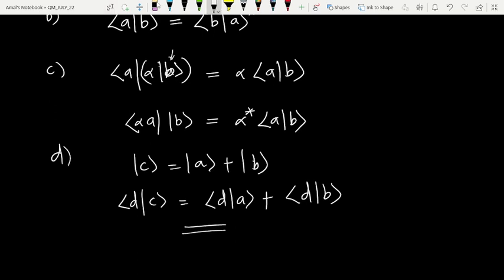So these four properties must be satisfied.